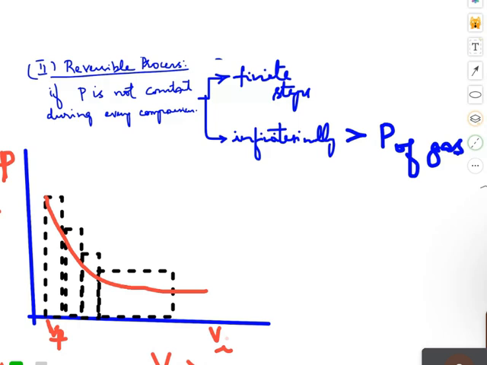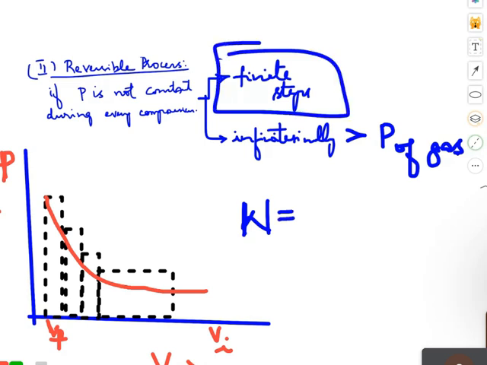So in which case, for the finite steps, the work done is going to be a sum of the pressure into the volume change, the sum of all of these. The negative sign indicates work is done by the system.